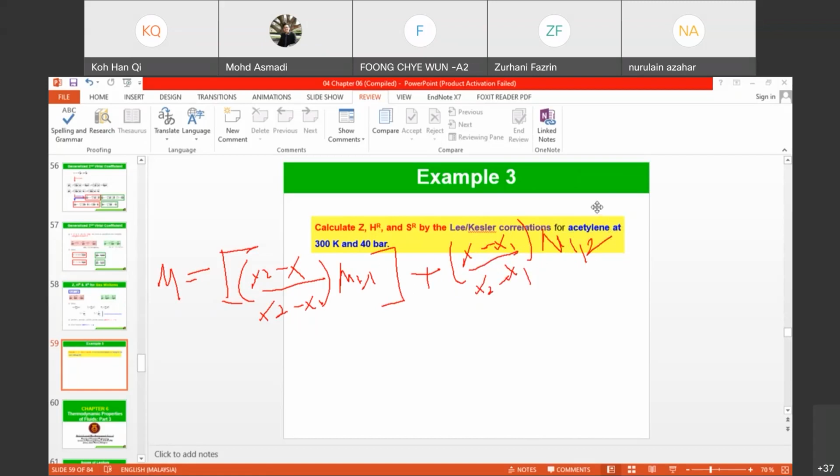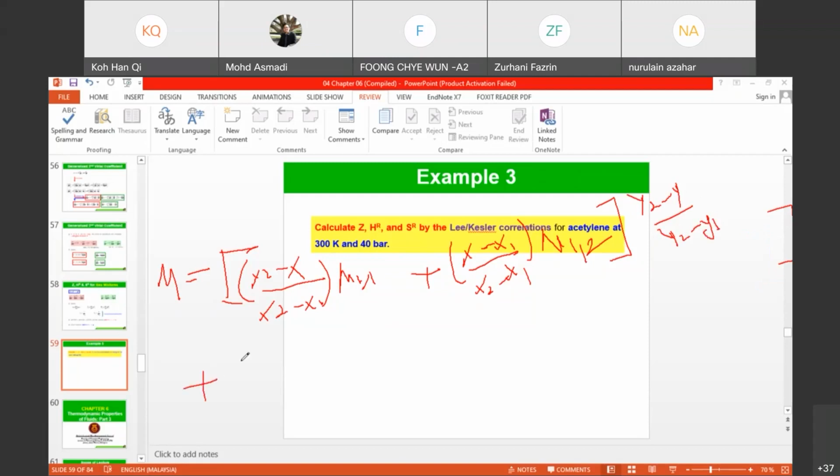This one, sorry, it is multiplied by y2 minus y divided by y2 minus y1.